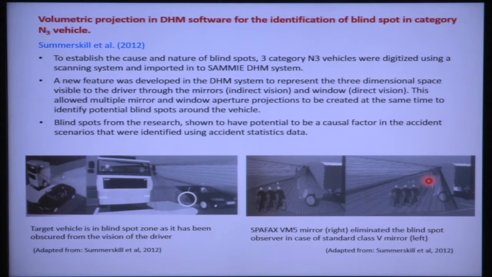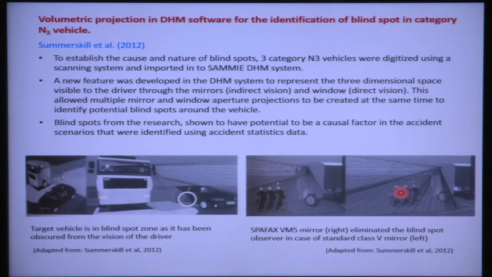So, after they changed the normal class 5 mirror and replaced it with the SPFX VM5 mirror, that blind spot zone was eliminated. From this analysis they clearly demonstrated that by using this type of mirror, the blind spot zone can be eliminated.